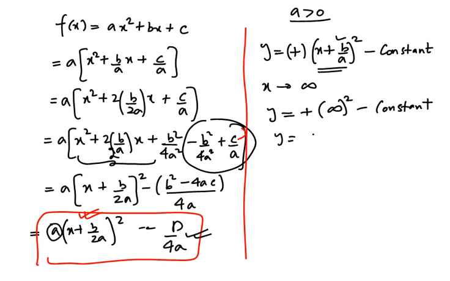Infinity square is again a large number, so it is infinity. Minus a constant: infinity is such a large number that if you subtract a constant from infinity, it is still infinity. So y approaches infinity. When we've taken a positive, then for x infinity, y approaches infinity.